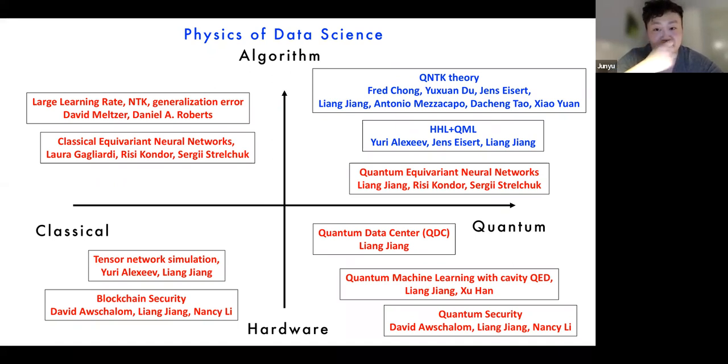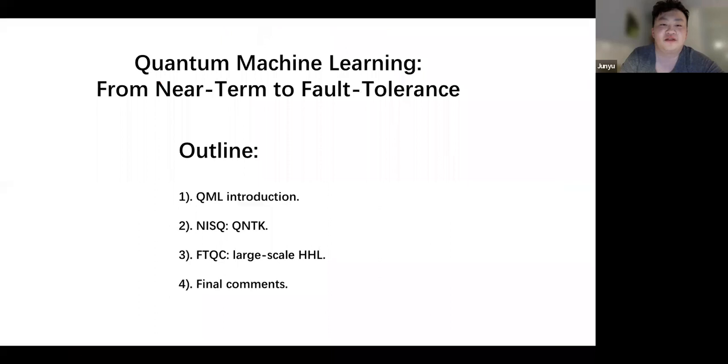I will primarily talk about these two topics today, but I'm happy to also discuss other research directions and projects I have. So this is a brief introduction about my interests.